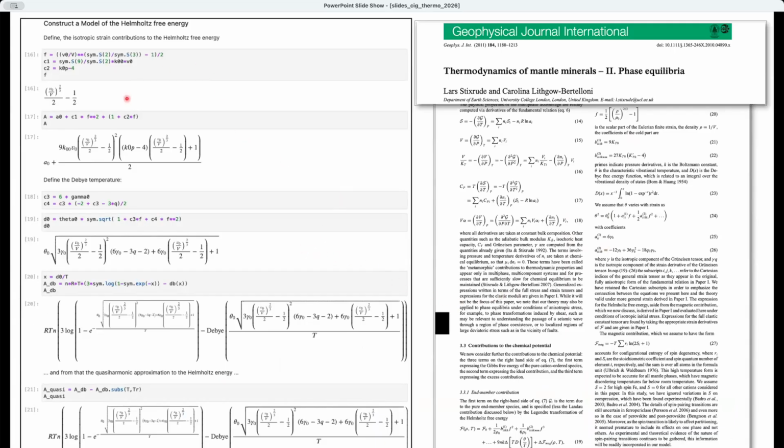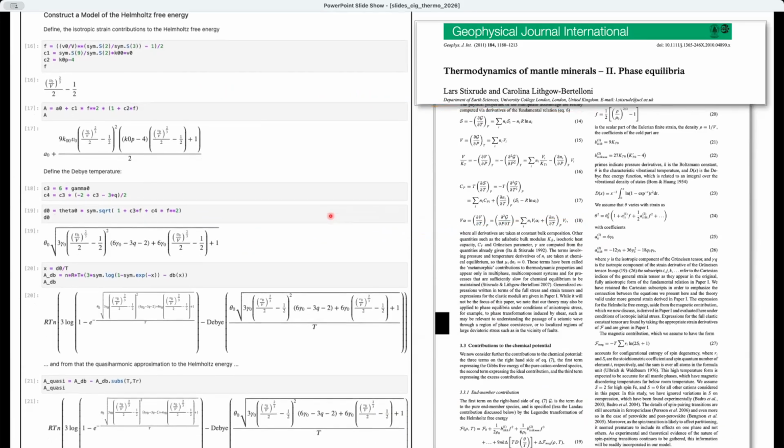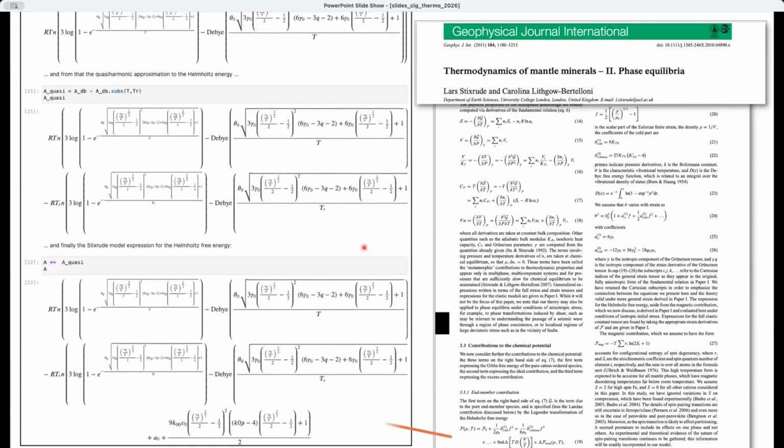And on the left, I have a screenshot of a Jupyter notebook that has imported Coder, is using Coder, and it's using sympy. And we can see the one-to-one correlation between the equations in the paper and the equations represented in sympy in our Jupyter notebook. And we can build that up until eventually we have a full representation of the free energy model of this component.